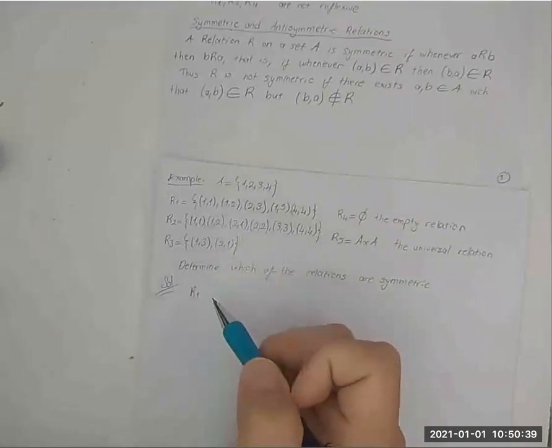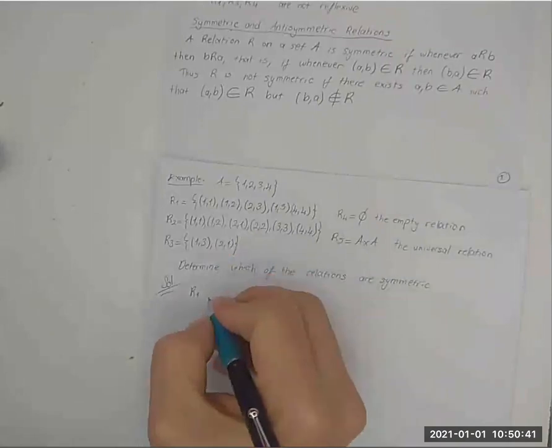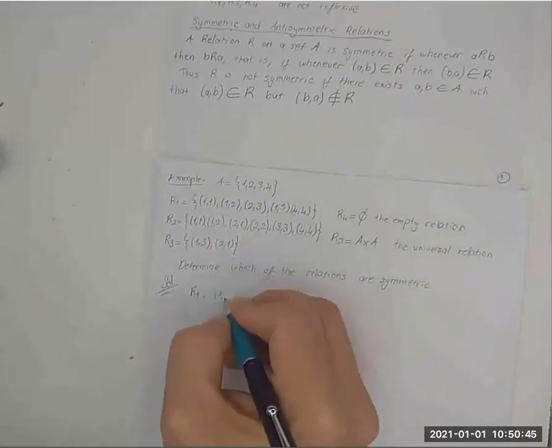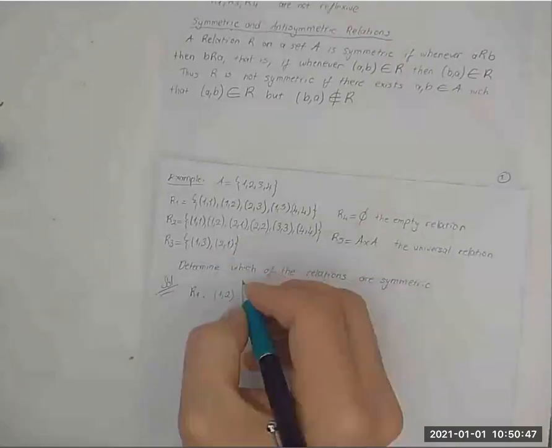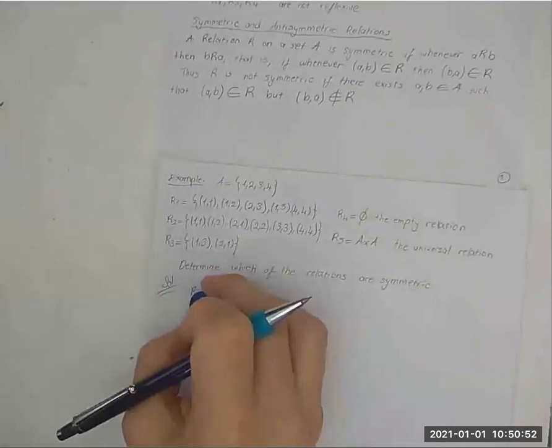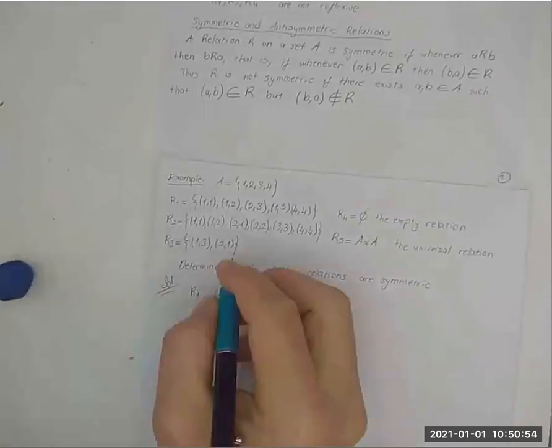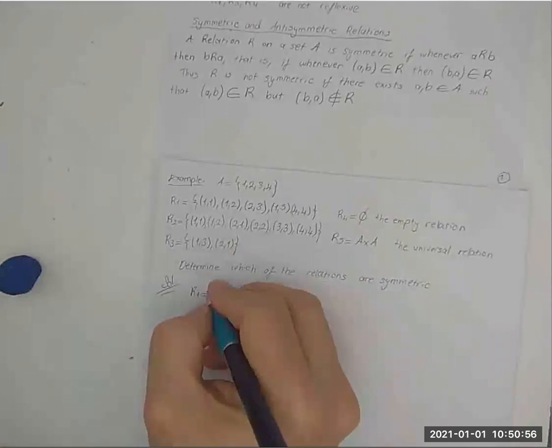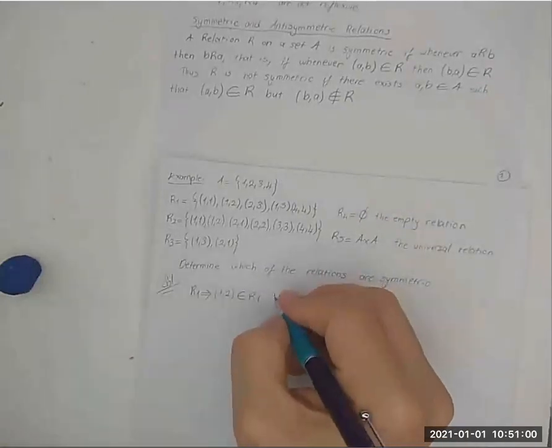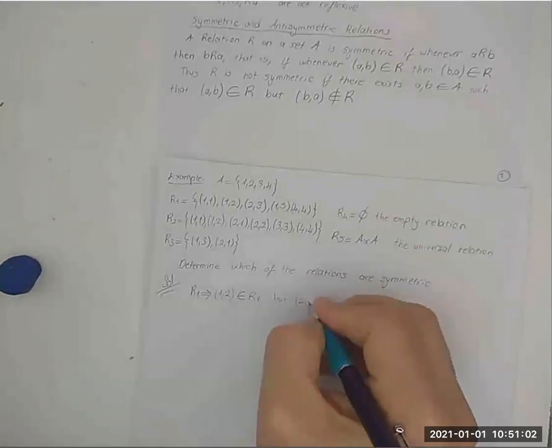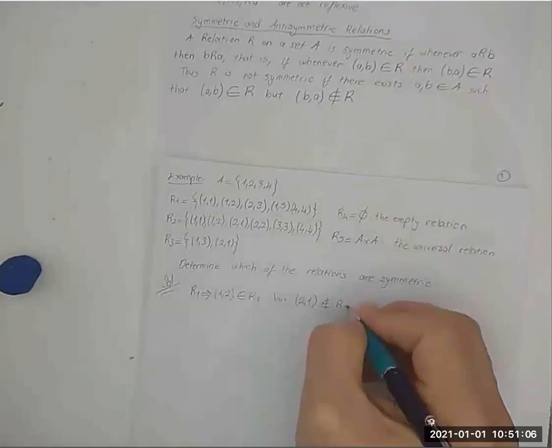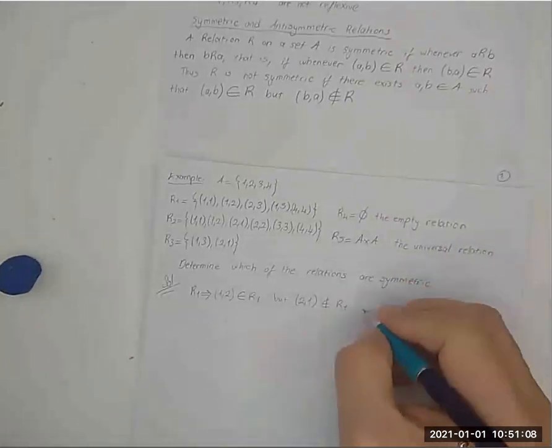Okay, R1, there is the (1,1). This is also reflexive and also symmetric, with (1,1) inside of that relation. And (1,2), but there is no (2,1), right?